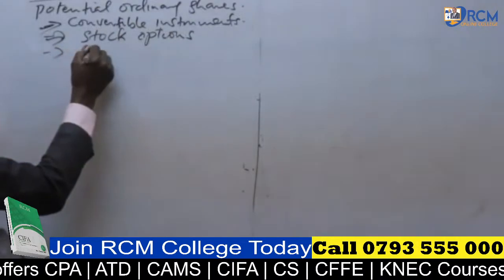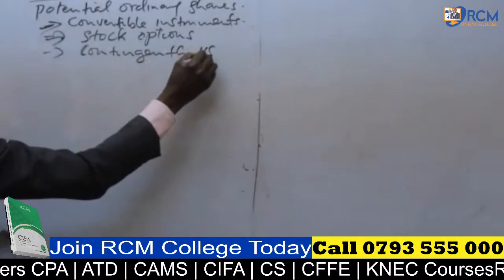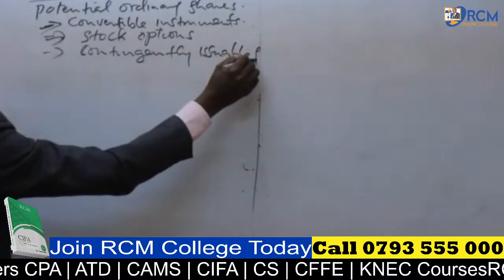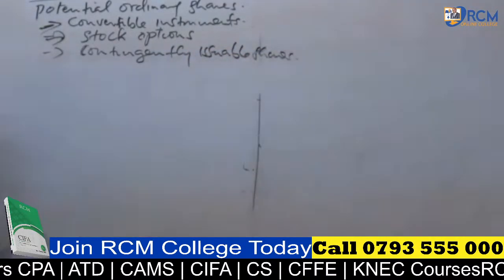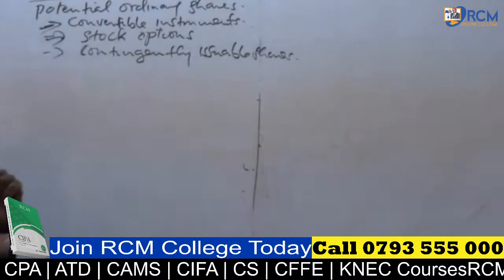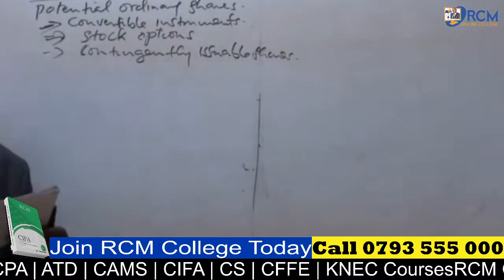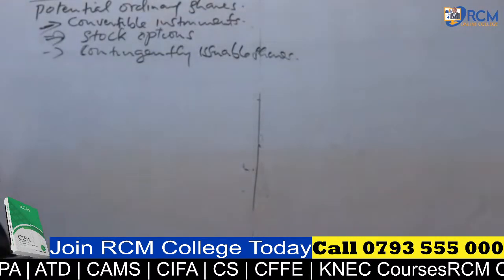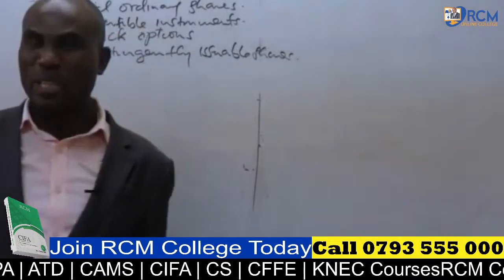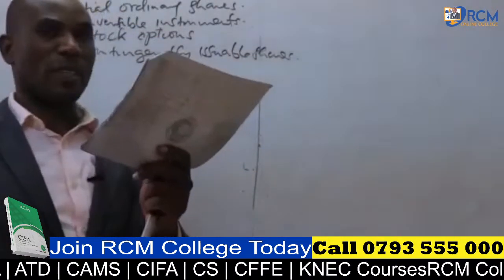Contingently issuable shares. Those are potential ordinary shares. Therefore, we check in our question: if you want to compute diluted EPS, do I have any potential ordinary share?